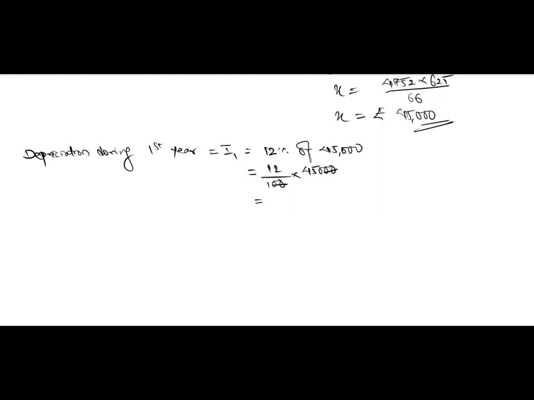Let me just verify. 12 multiplied by 450, 5,400. So depreciation during the first year is 5,400.